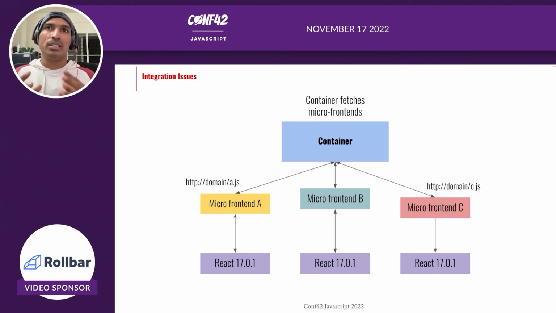Imagine if you have more dependencies that are duplicated across the micro-frontends. Either the bundle size or the size of your application will become too high.